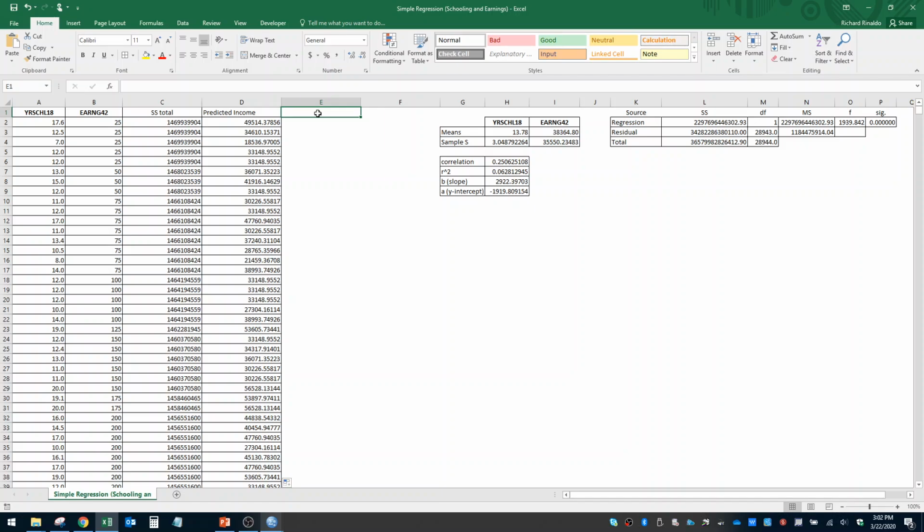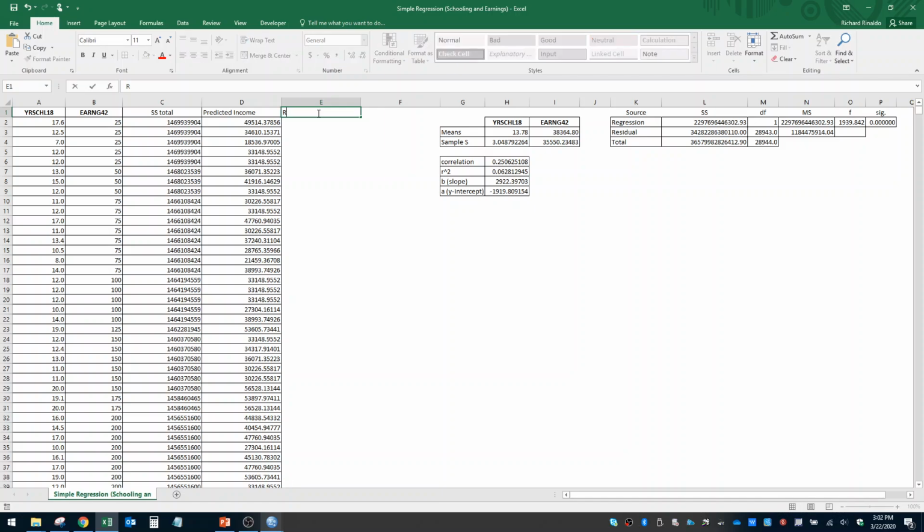One of the assumptions I have, and you'll see in the slides for the lecture, is that my data has to be normally distributed. One way to look at that in terms of the regression model is to look at the difference between my predicted and my residual.